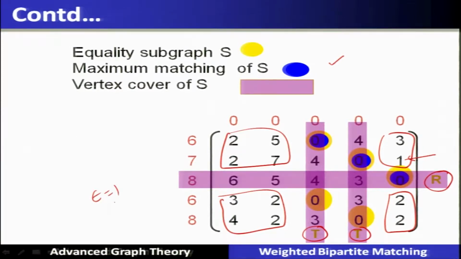So if epsilon is 1, then we have to increase this value of T, and we have to decrease this value by 1, and also these values are decreased.